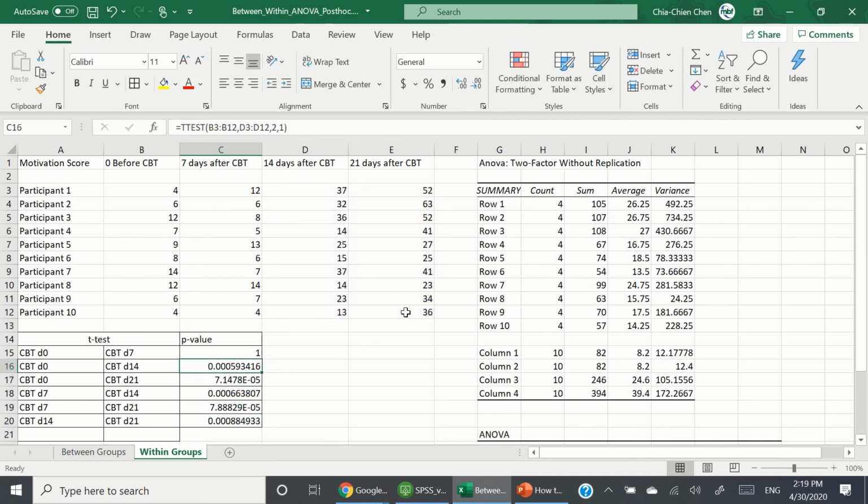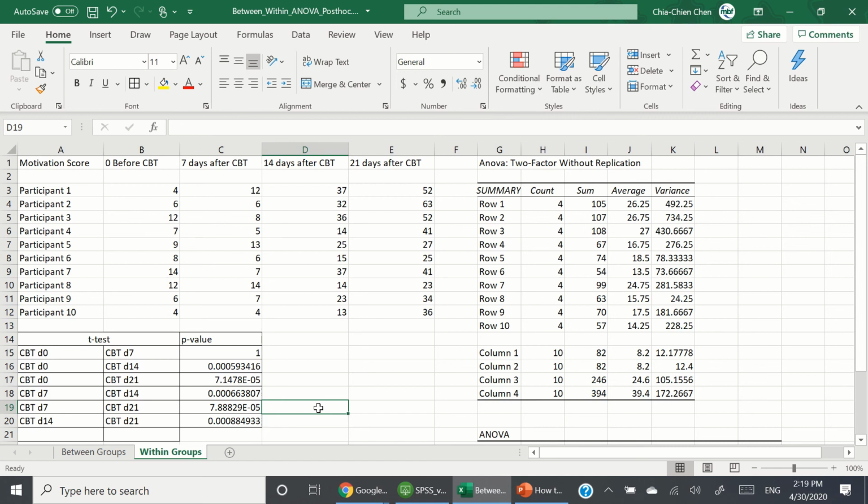Okay, so what are we looking for? Essentially we're looking at the p-values. Normally when you're looking at these t-tests, you're looking for the p-value. So all of these ones that you see are the p-values. You're looking for a p-value of less than 0.05 generally.